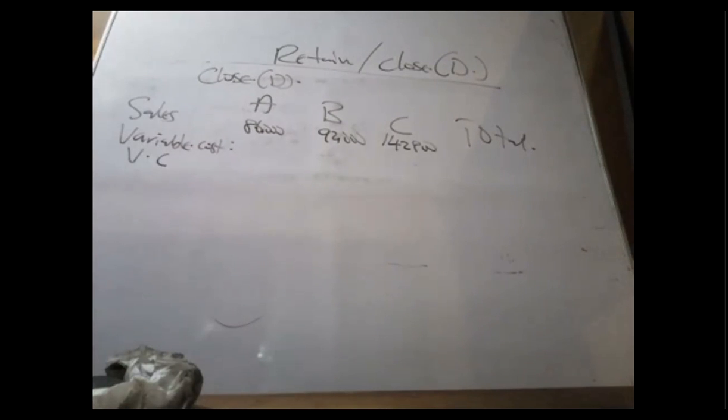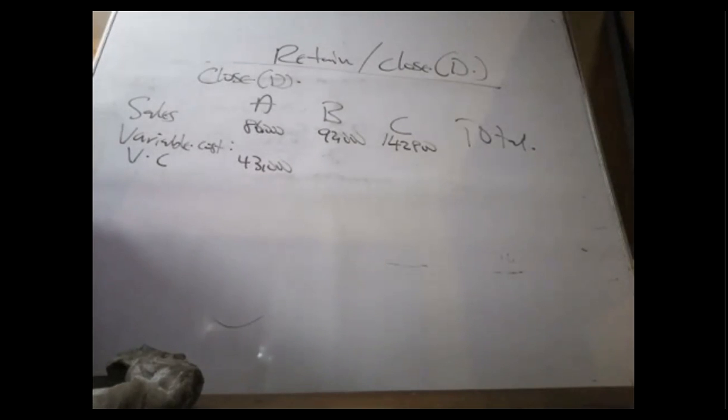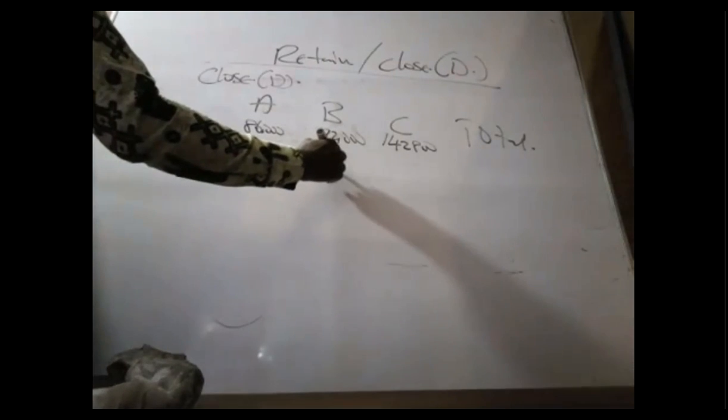The main variable cost, which they said is 50% of the sales revenue. So kindly find 50% of the sales revenue and record those figures. 50% of 92,000 is 46,000, right?